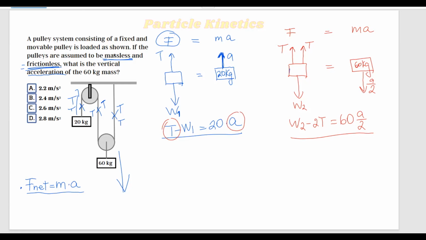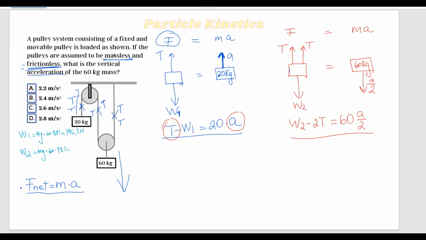Let's start by calculating the weight 1 and weight 2. So weight 1 is going to be equal to mg, which is 20 multiplied by 9.81. And this is going to be 196.2 newtons. Same here, it is 60 multiplied by 9.81.